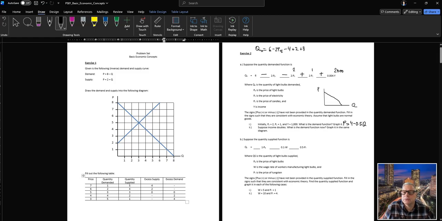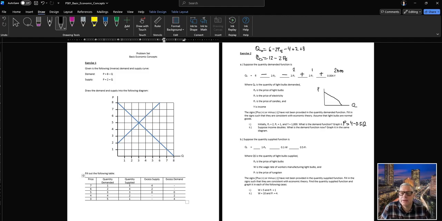So now, if we collect terms, 6 minus 4, 2, plus 2, 4, plus 8, 12. So now we get 12 minus 2 times PB, so that would be the demand function.